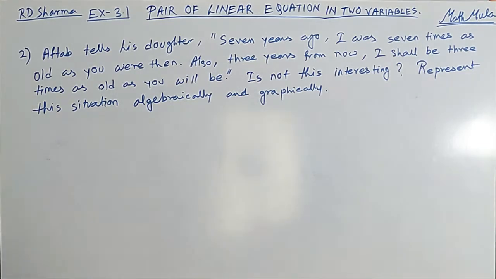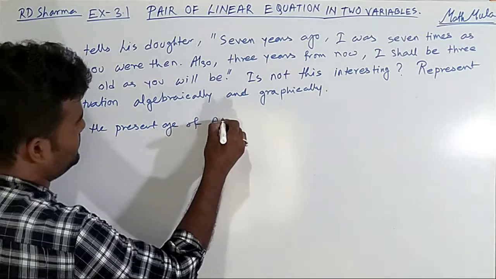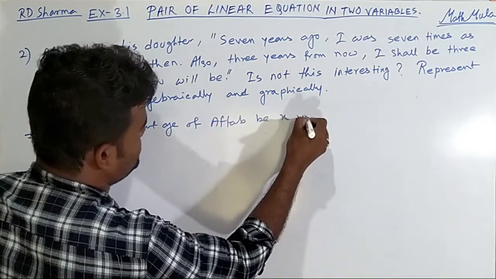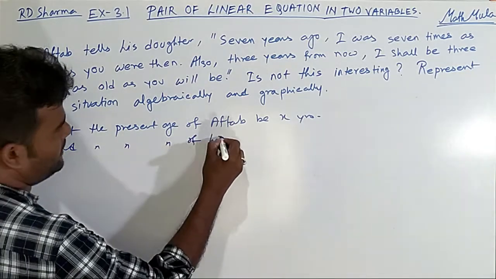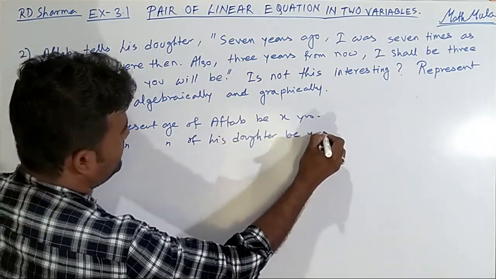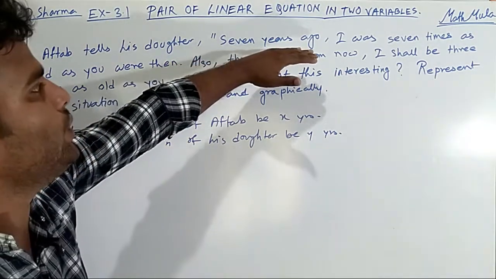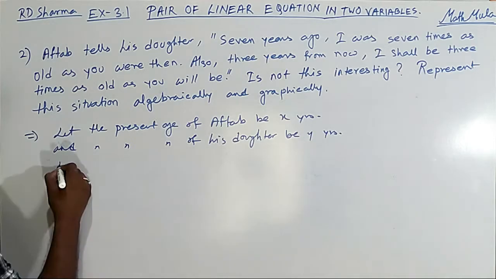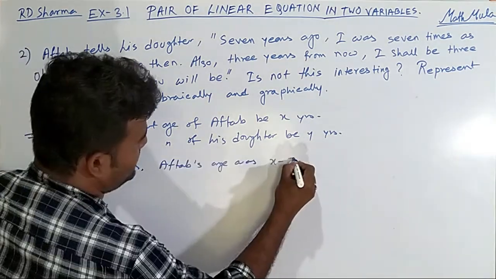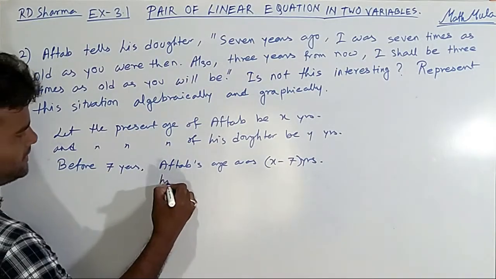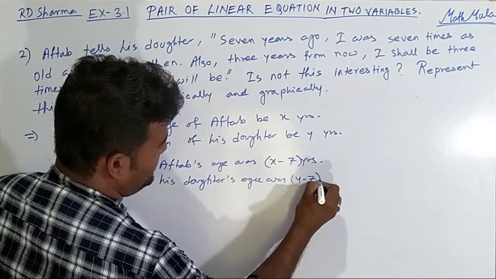First, we let the present age of Aftab be x years and the present age of his daughter be y years. Now the first condition, 7 years ago, that means before 7 years, Aftab's age was x minus 7 years and his daughter's age was y minus 7 years.